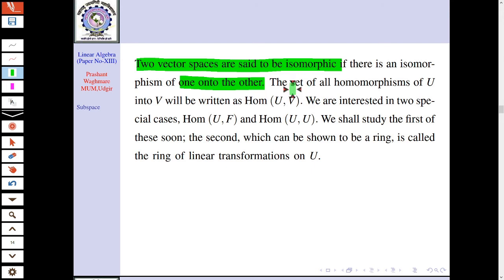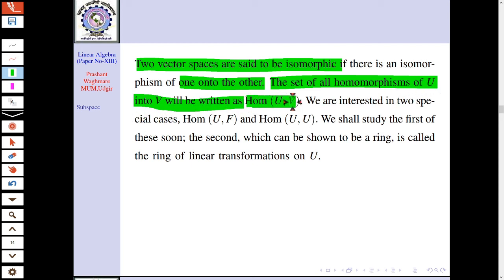Now consider the set of all homomorphisms of U into V, and we denote it by Hom(U, V).